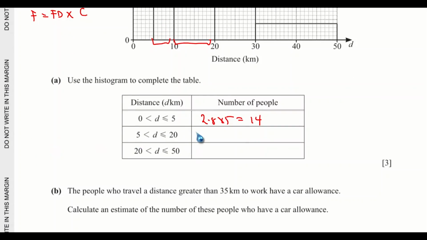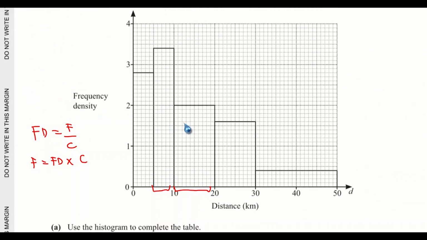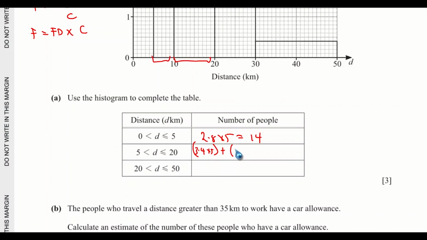So it will be 3.4 times 5, that is the first part, plus the second part, where the frequency density is 2, from here to here, so it is 2 times 10. If you do this, you should get 17 plus 20, that is 37.